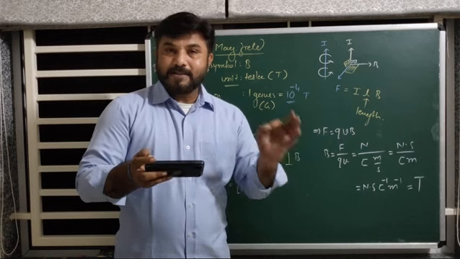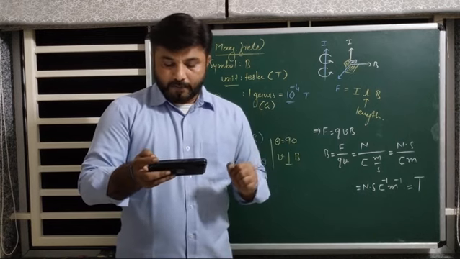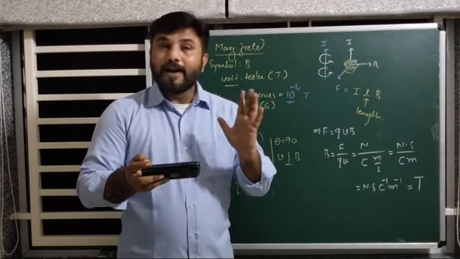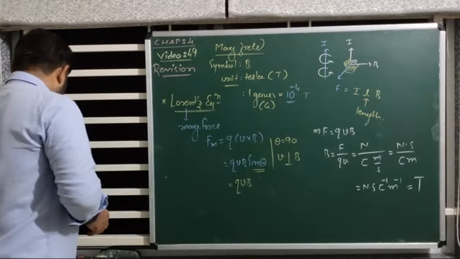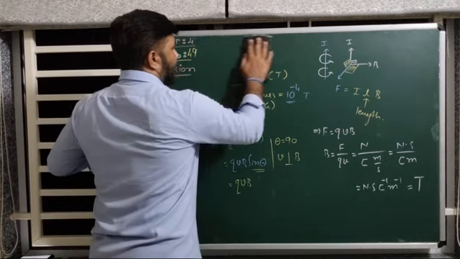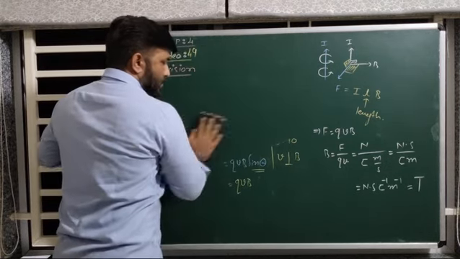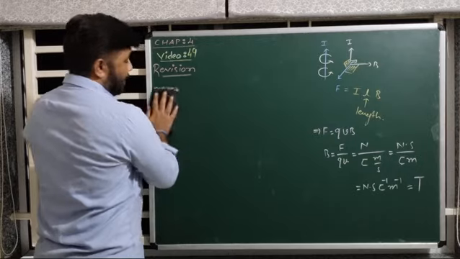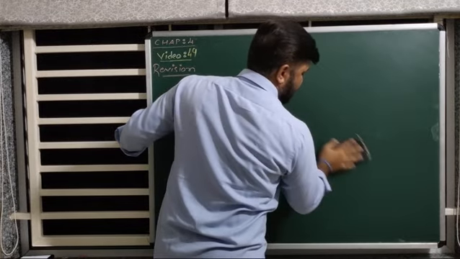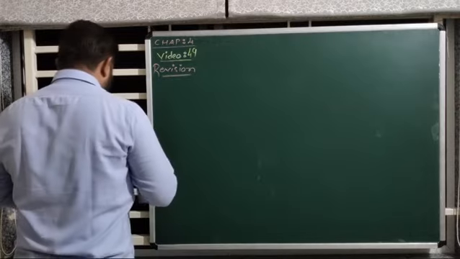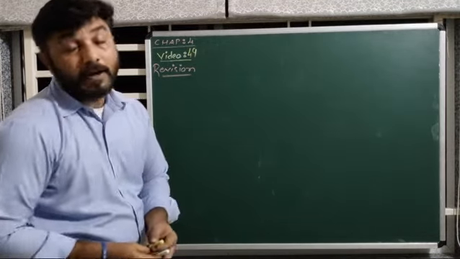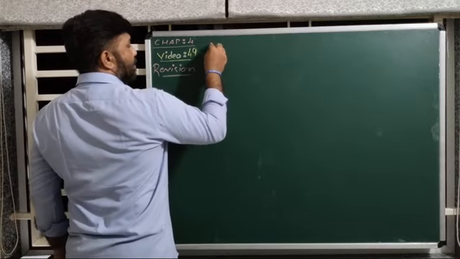Now we are going to discuss that question: state and explain Biot-Savart's law. This question is of 3 marks or 2 marks, depending upon the examiner. And if it is asked, you have to start from what we have known from the beginning. Let us see what the question is.